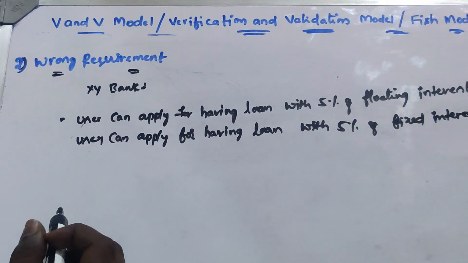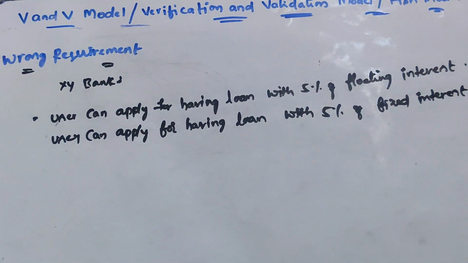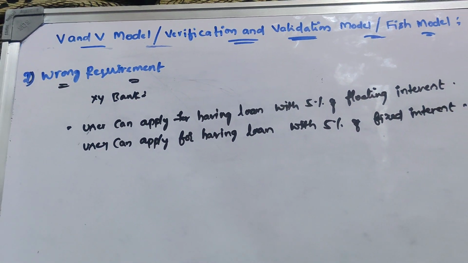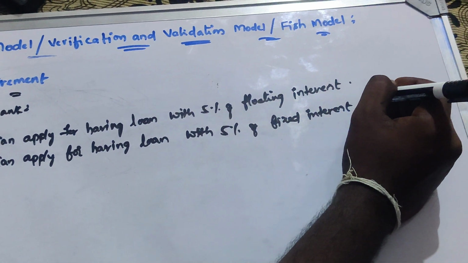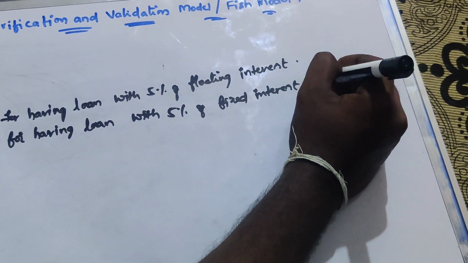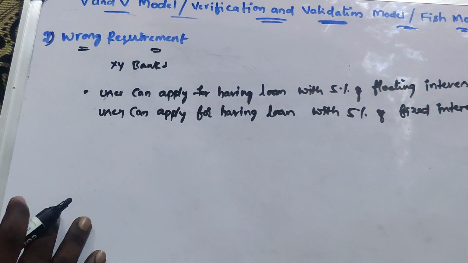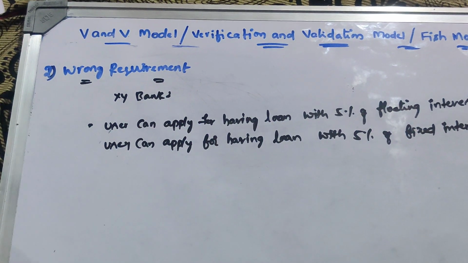See here, the user is having a loan with two types of interest. It is not possible, right? So one of the requirements is a wrong requirement. This is the example for a wrong requirement.